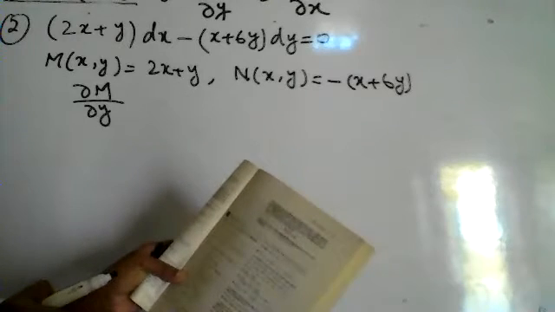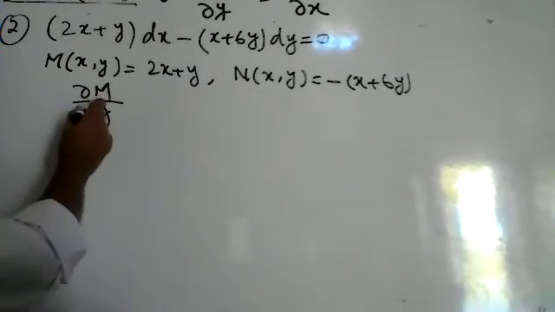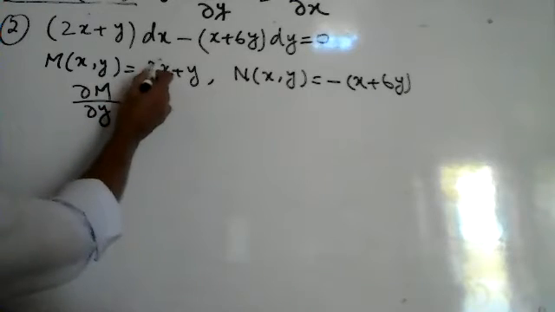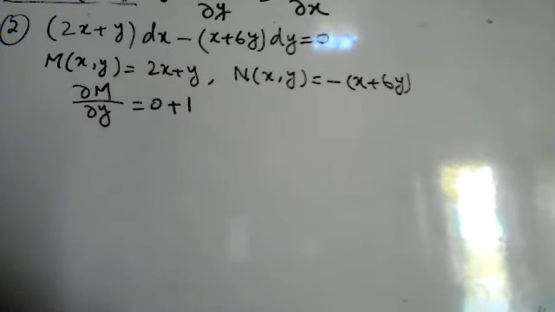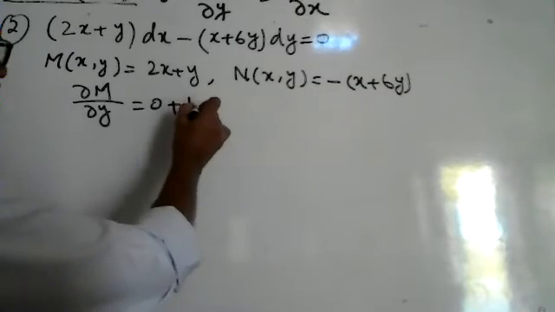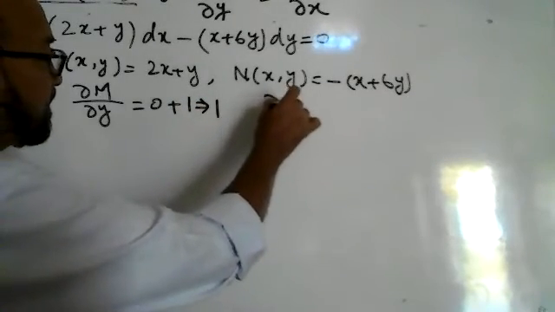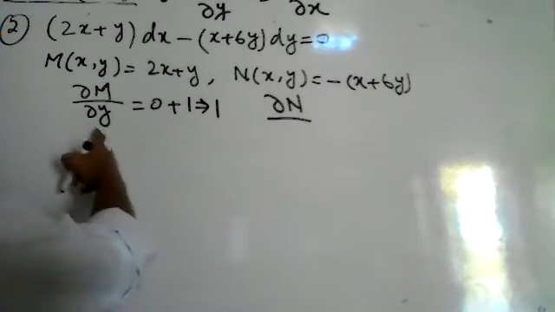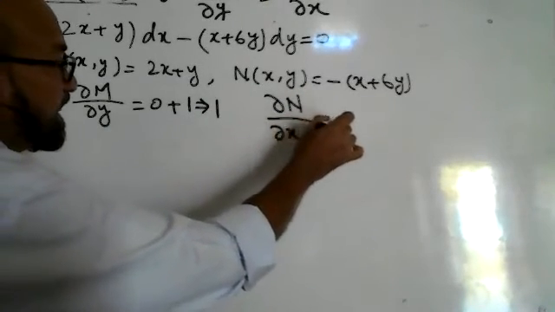Del M upon del y. This is 0, this is 1. So the answer is 1. Del N upon del x, minus sign.